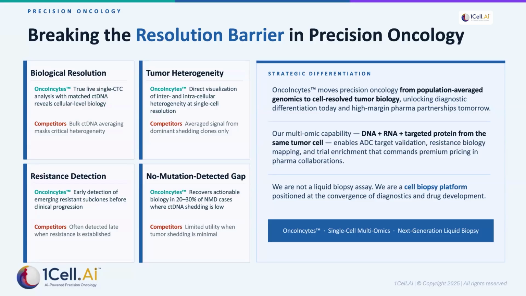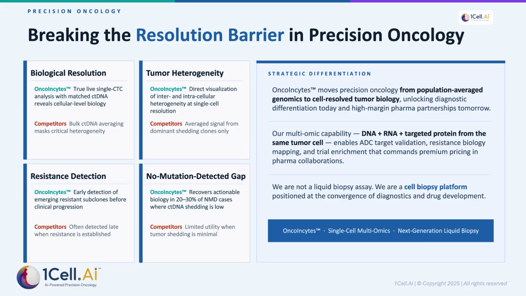And in addition, CTCs allow one to go beyond DNA. And this is really important. CTCs allow one to look at DNA, but one can look at RNA, one can look at proteins on the same cell, one can even do functional tests on these cells.